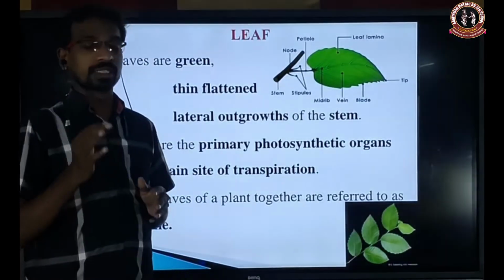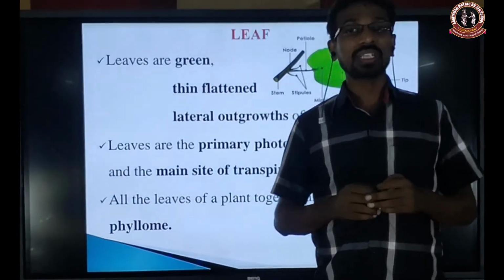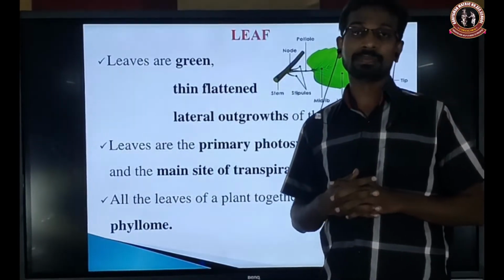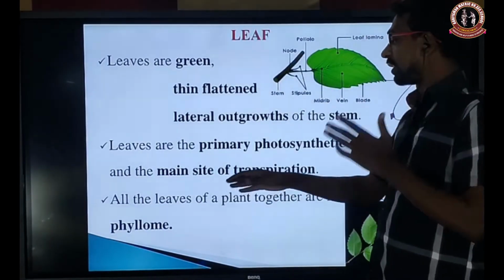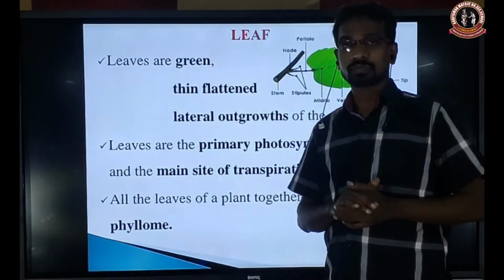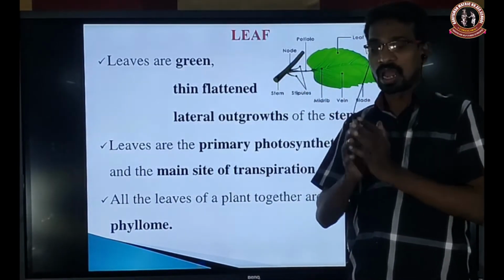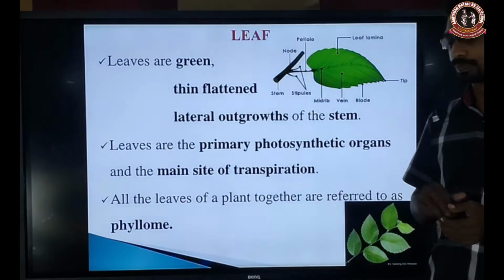Stomata not only help in exchange of gases, they also mainly take part in transpiration during the daytime. All the leaves of the plant together are collectively called the phylum.